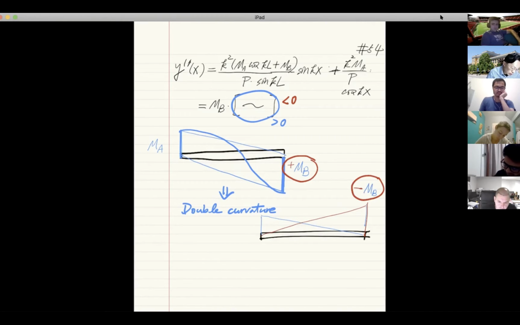In that case, the moment distribution will become something like this. With the second order effects, the total moment distribution will be something like this. In this case, obviously, you can see that it is not a double curvature beam column, right? Now it will actually become a single curvature column.